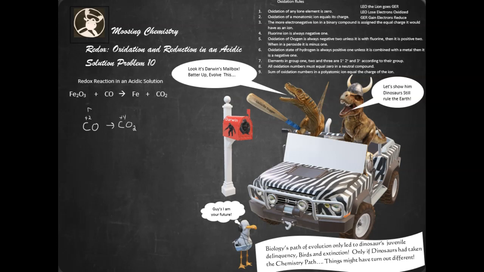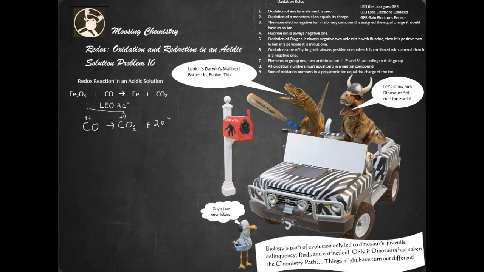So we're going from a +2 to a +4, so we are losing electrons. We're going to oxidize, and we're going to lose exactly 2 electrons. Pretty darn cool, huh? And we're going to put these 2 electrons out here.